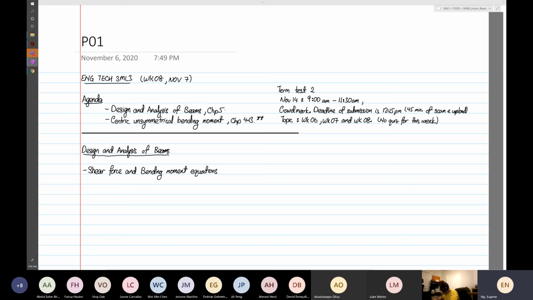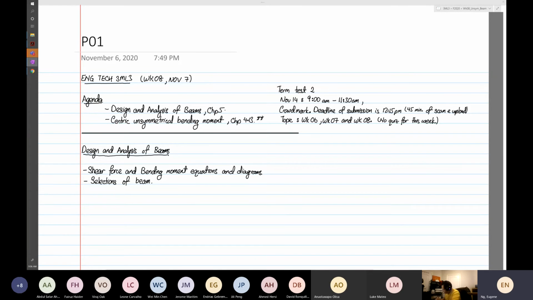Okay, and diagrams. Diagrams, I think we have done quite a bit, but equations, not yet. Okay, we're going to look at this. And then we are going to go into selection of beams. Okay, so after you design your shear force and bending moment diagram, we're going to select the beam.